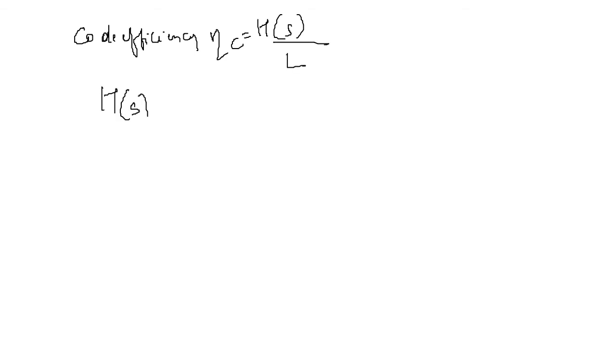So code efficiency eta c is given by the formula H(S) divided by L. So what is H(S) here? Since it is a ternary coding, what we do is we try to find the sum from i = 1 to q, which is 1 to 6 here, of p_i into log to the base of 1 by p_i, but it will be to the base of 3.